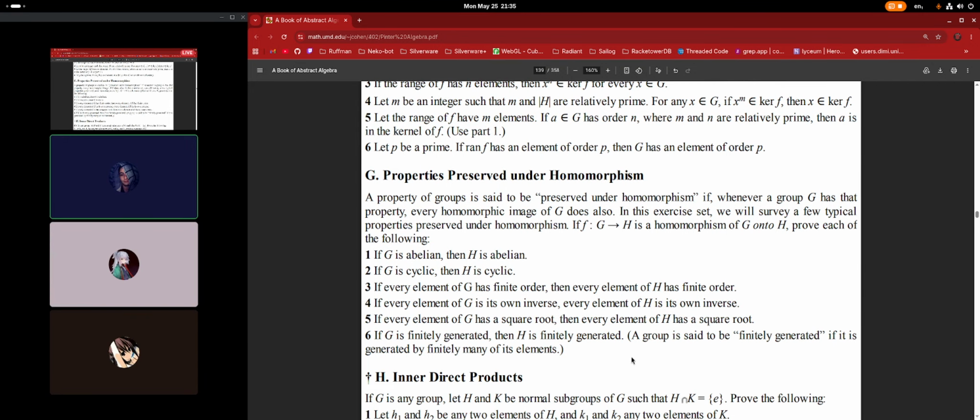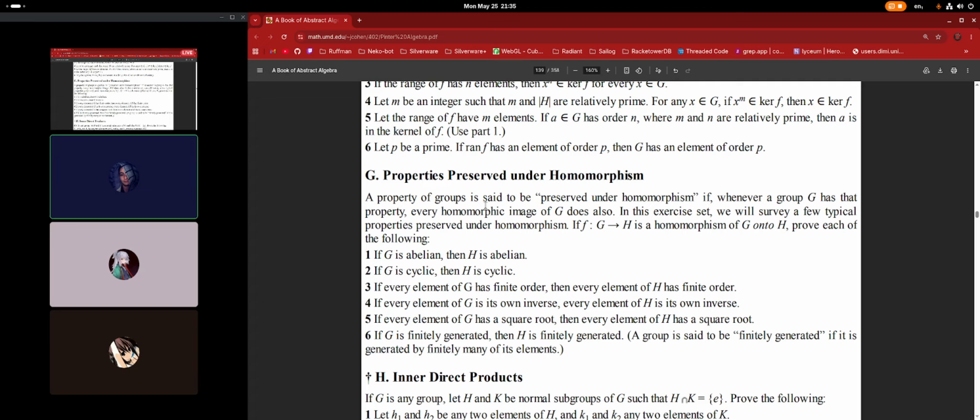G. Does anybody want to talk about G? Whenever a group G has a property, every homomorphic image of G also does. So you're saying that if you have an abelian group and you apply a homomorphism, you keep yourself abelian? That sounds very useful.